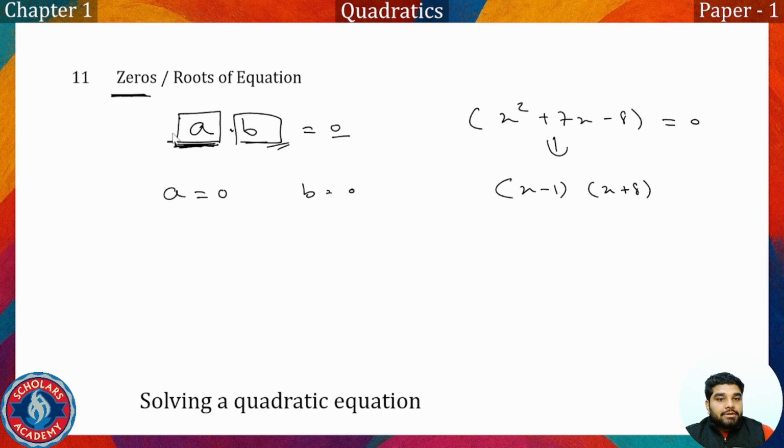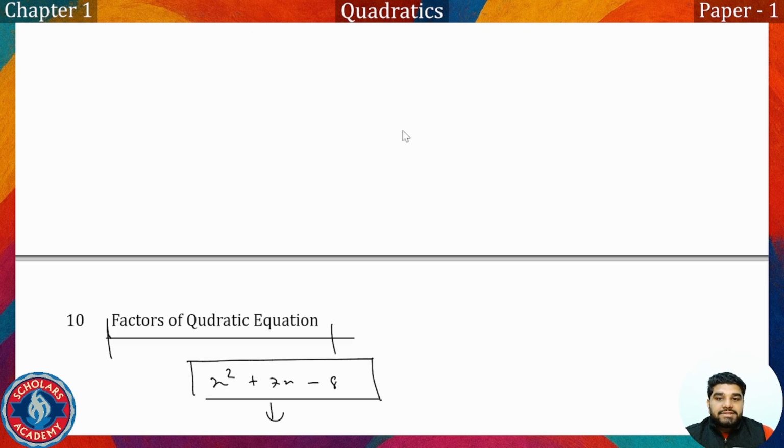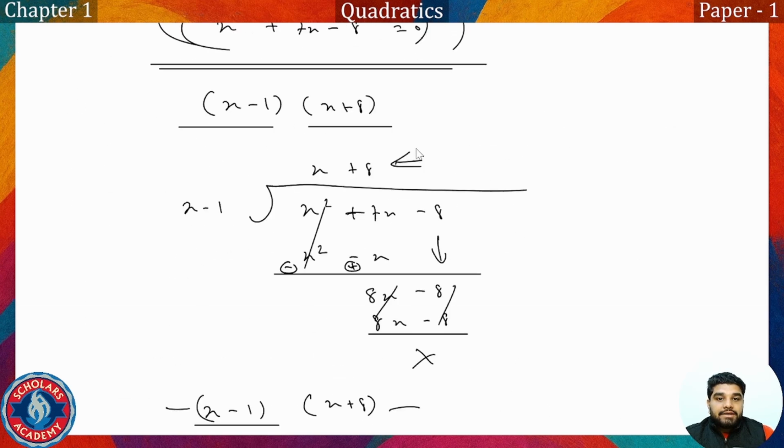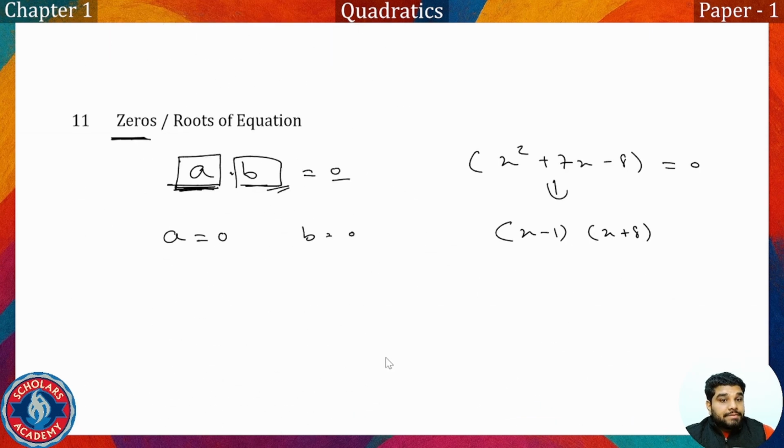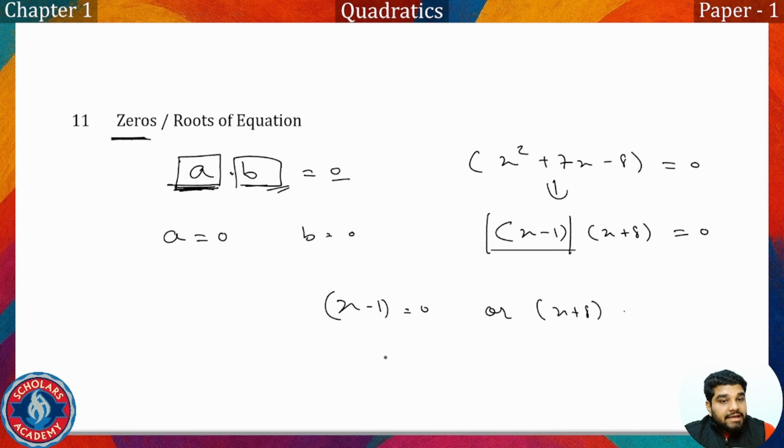So this was our polynomial equation, x square plus 7x minus 8, and the two factors were x minus 1 and x plus 8. We need to find the zeros of this polynomial equation. We'll say that either this particular factor is equal to 0, x minus 1 is equal to 0, or x plus 8 is equal to 0.